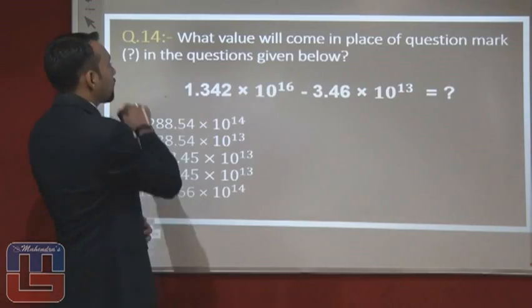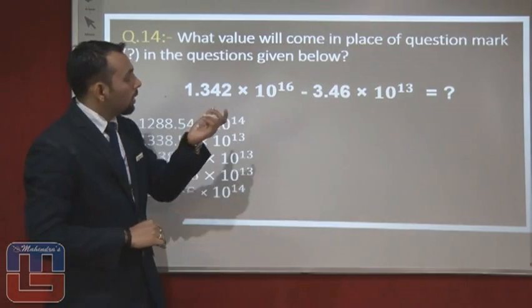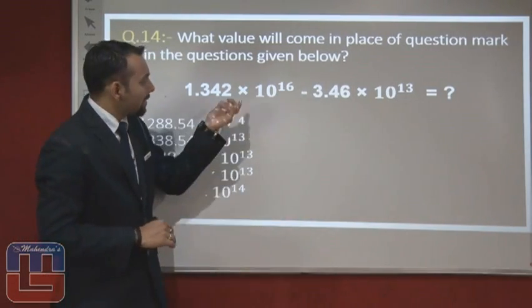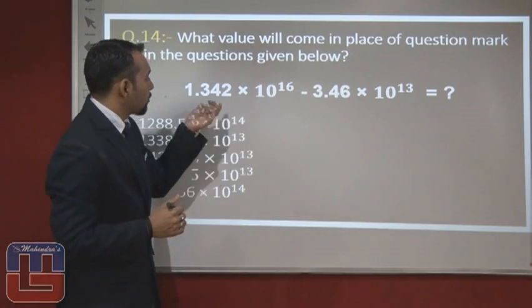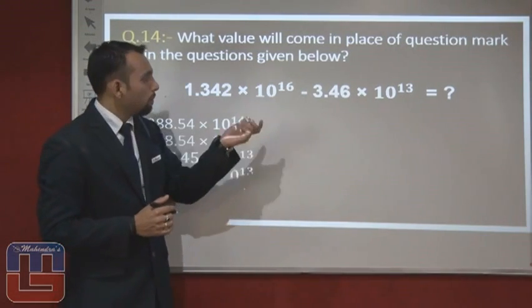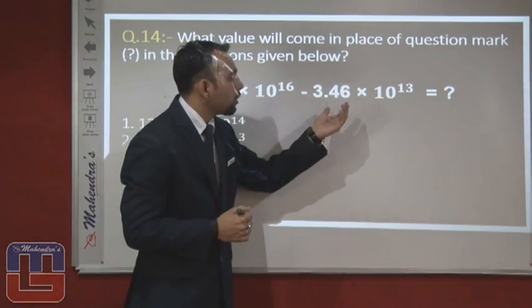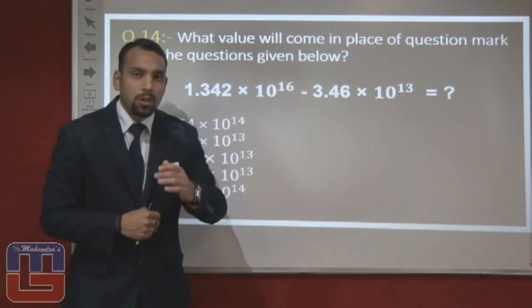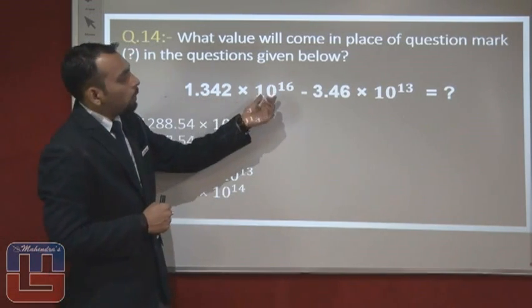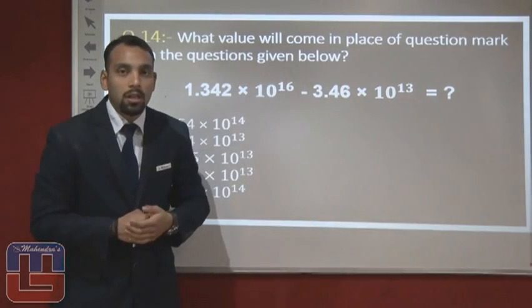The next question is again from simplification. Now see, you will get such a type of question in your examination. So what you have to do, now see, this is 1.342 multiplication 10 to the power 16. Here 3.46 multiplication 10 to the power 13. Now see, here 10 to the power 16, here 10 to the power 13.